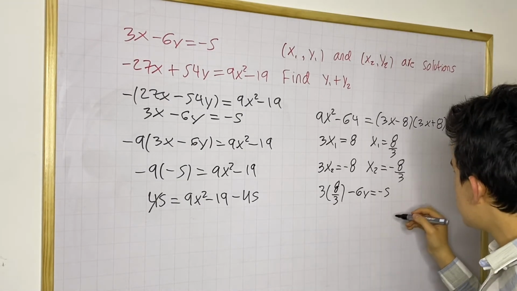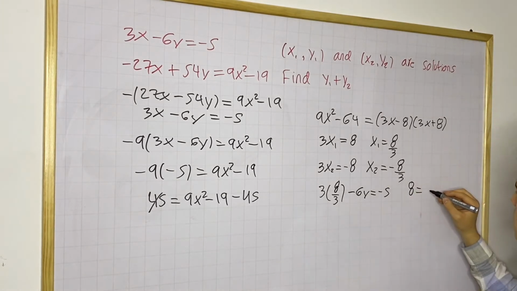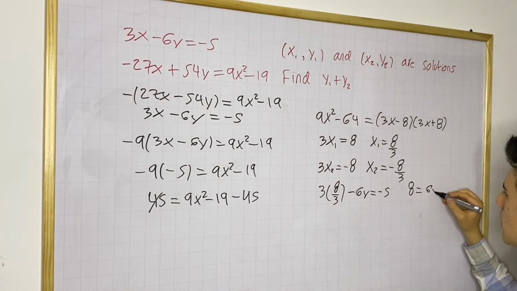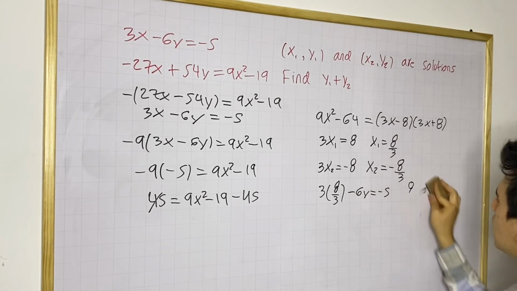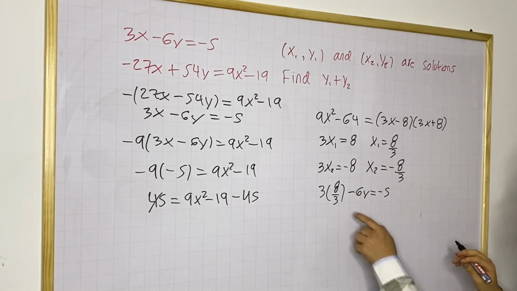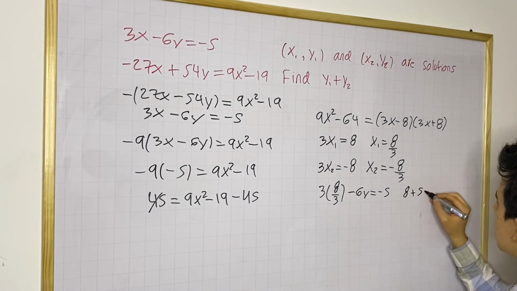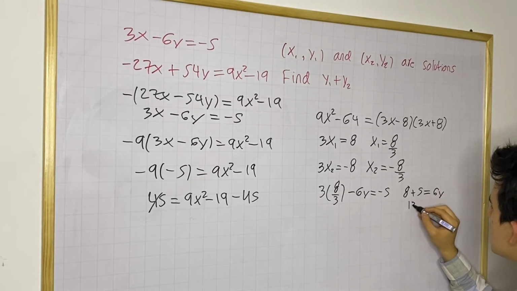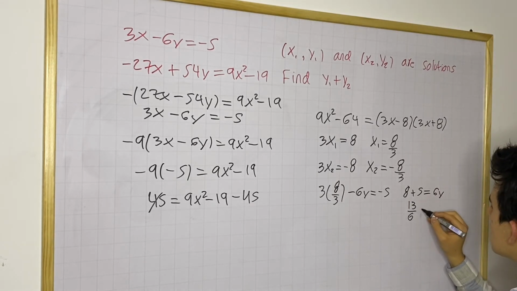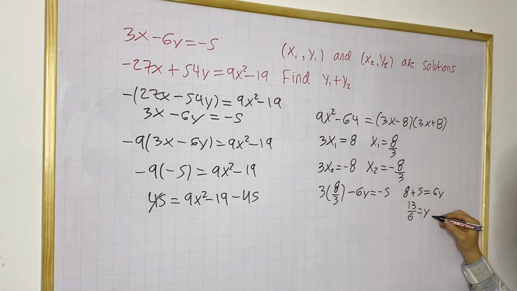Now this is just going to give us 8 is equal to 6y minus 5, and you can move the 5 with a positive sign, so you're going to get 8 plus 5 is equal to 6y. And we know this is 13 over 6 is equal to y. This is how much you get for y, and this is y1.